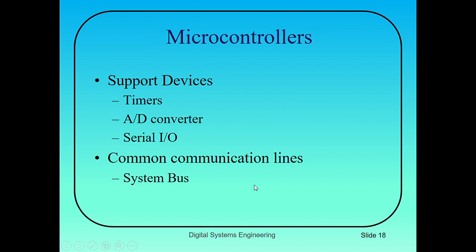The microcontrollers also have support devices like timers, analog to digital converter, and serial input output ports. The common communication lines used in a microcontroller or microprocessor is the system bus, which we already discussed in detail in our previous slides.